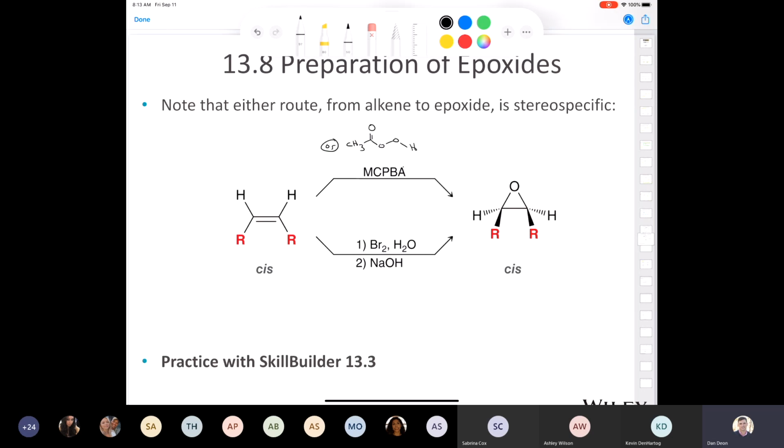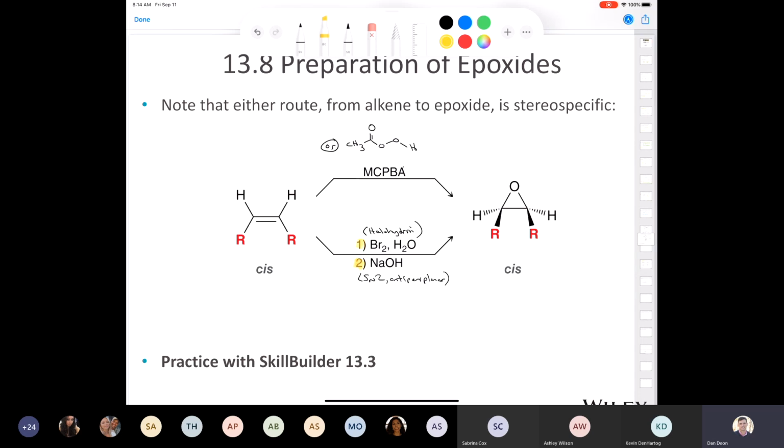Or you can do the two-step process, right? You can make a halohydrin in the first step, and then you can do an SN2 in the second step. Remember, anti-periplanar, for the SN2 reaction, the intramolecular SN2. Both of those are perfectly acceptable.